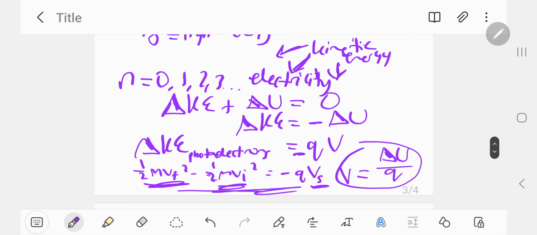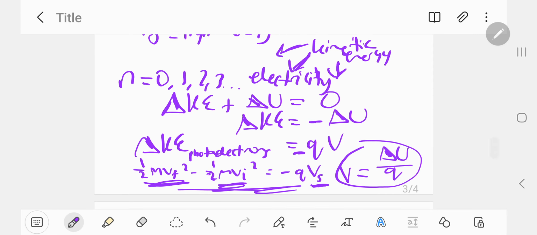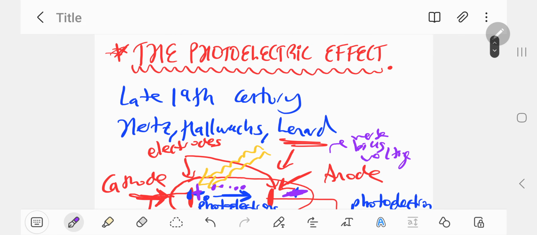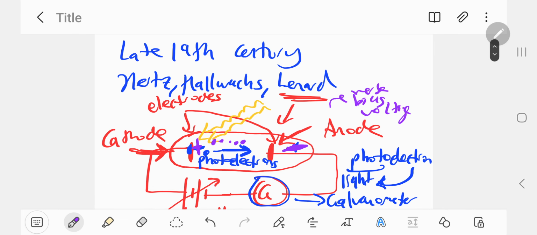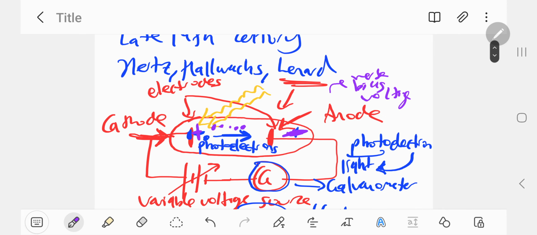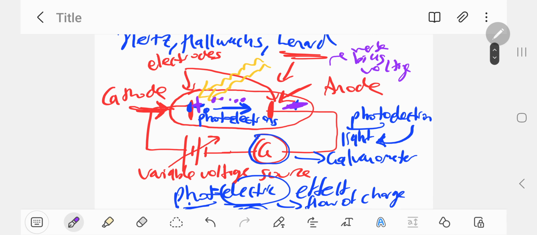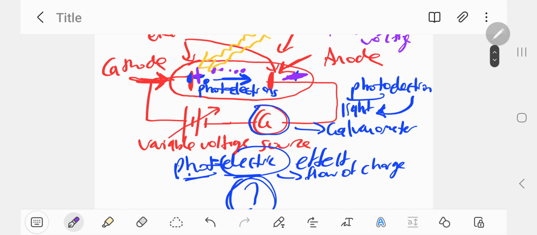I'll make another video looking at graphs and calculations, but these are the main ideas behind the photoelectric effect. I'll just summarize briefly. Observations of experiments in the late 19th century, most notably by Lenard, who shone light of a particular frequency onto a metal plate, an electrode, released photoelectrons that created electricity that was measured using a galvanometer.